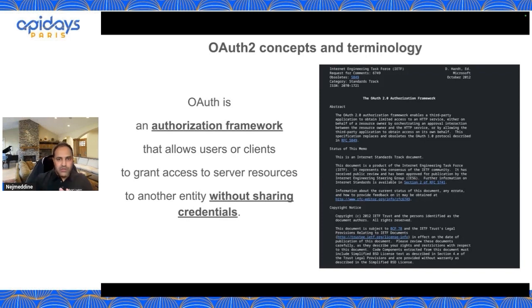You see here also that there is a spec that explains which grant type you can use for which reasons, and in this spec you also have all the terminology that you use.